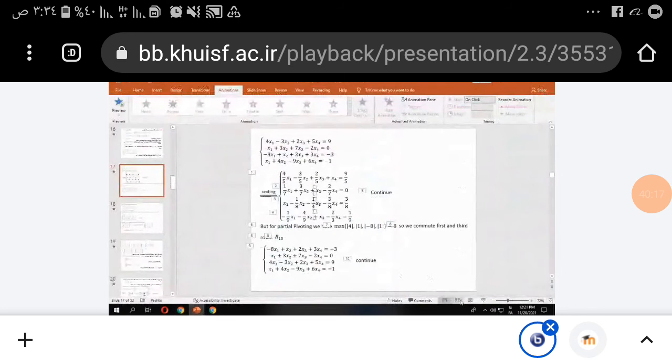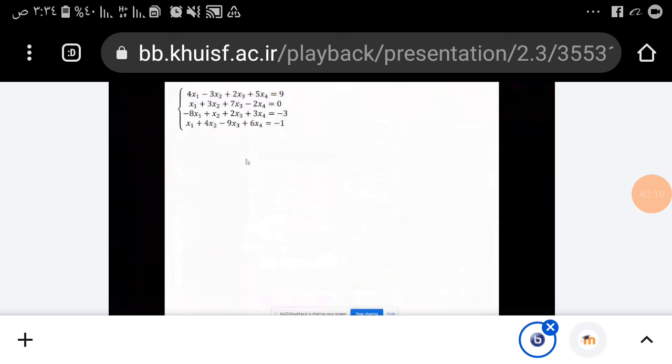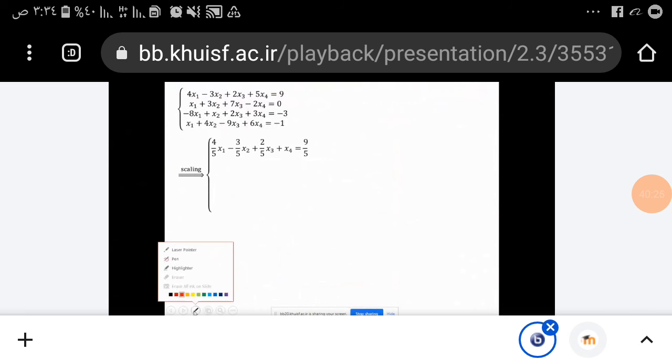Okay. For scaling, be careful. For scaling, we have 3 methods here. We have to make all entries here less than or equal to 1. So we calculate the maximum between 4, minus 3, 2, and 5.